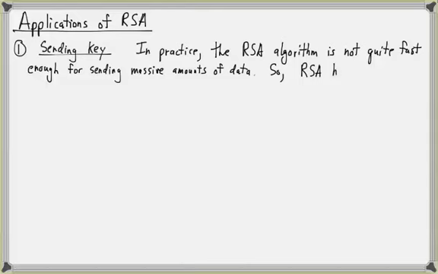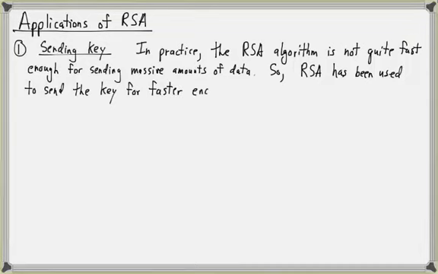So RSA has been used to send a key for faster encryption methods such as the data encryption standard, or DES.